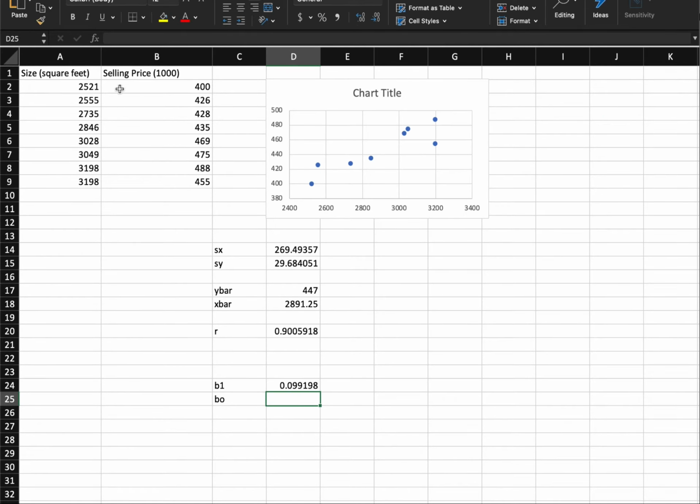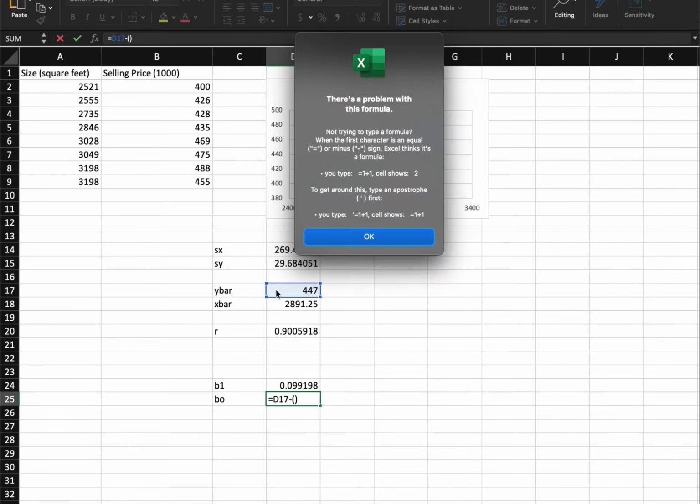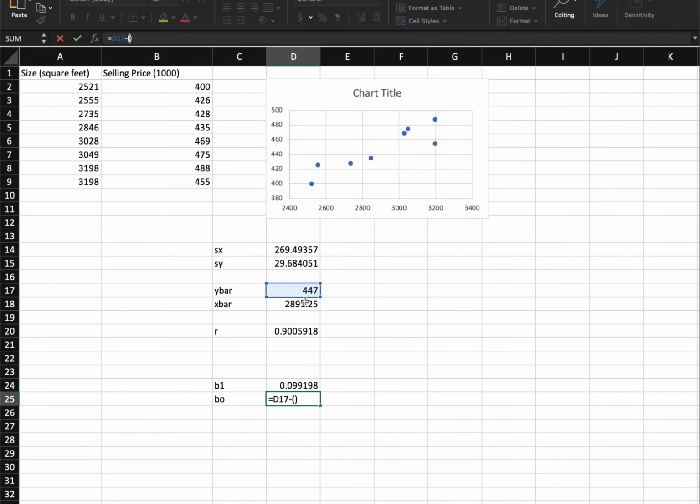So back to Excel, this is going to be equal to Y bar, which is right here, minus B1, which is this, times X bar, which is this. And if we press enter, this should be our y-intercept.